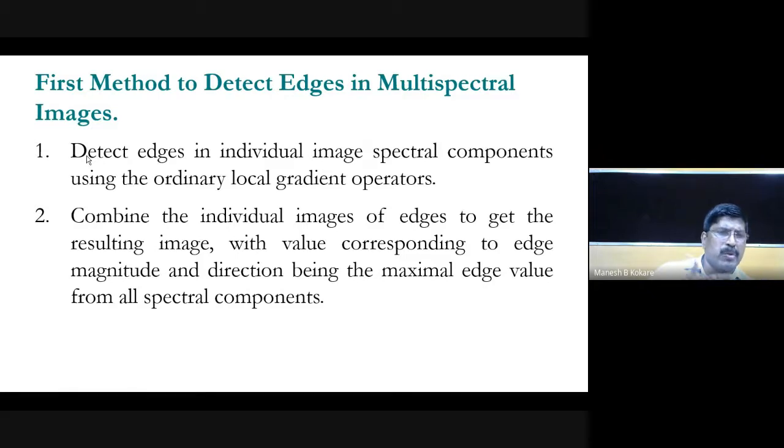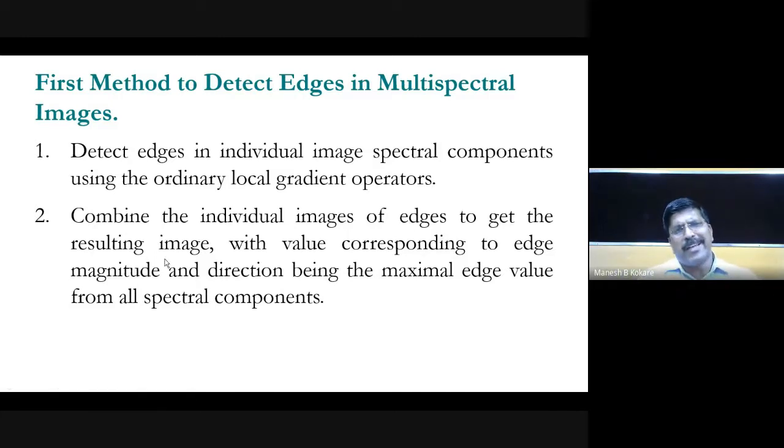For example, you can separate out the green channel, blue channel, and red channel, and then apply those local gradient operators in each channel separately. Then, as the second step, you have to combine the individual edge images to get the resulting image.